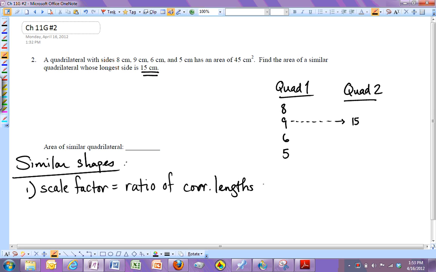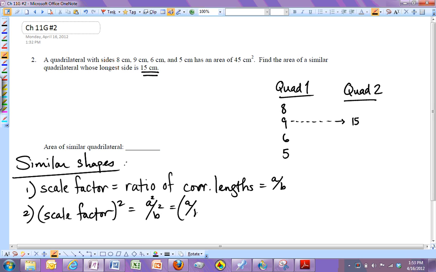If we call that A over B, then we've got a way of expressing it. And then if I square the scale factor, I get A over B squared, which is A squared over B squared, or one big fraction squared. And this is the ratio of the areas instead.